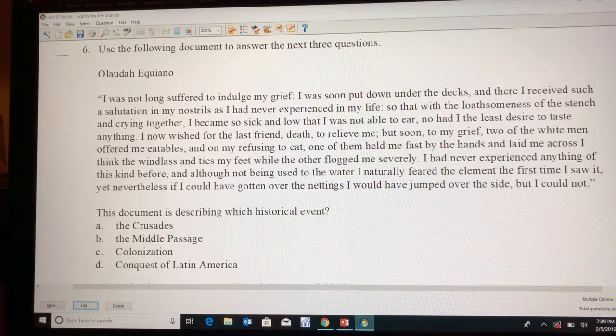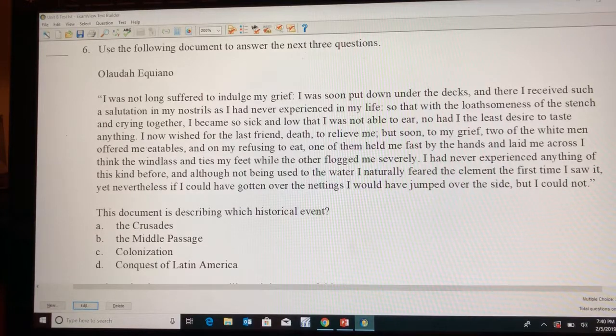And on my refusing to eat, one of them held me fast by the hands and laid me across the windlass, and tied my feet, while the other flogged me. So this guy doesn't want to eat. So his hands are tied together, his feet are tied together, and he's hit. I had never experienced anything of this kind before.